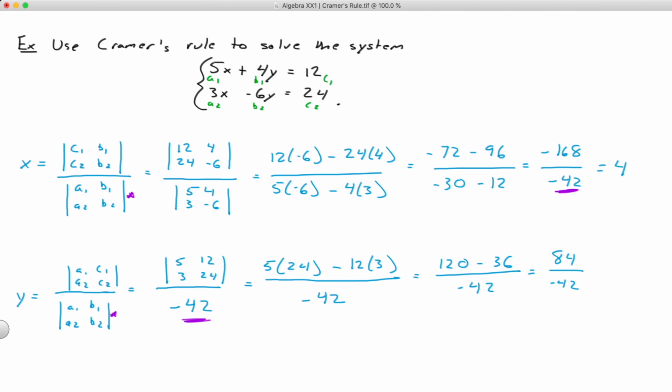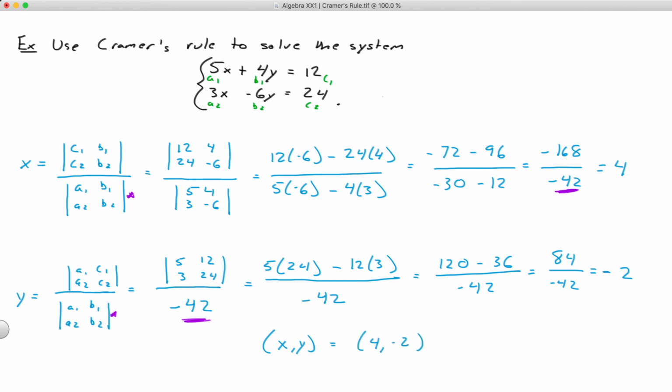And 84 over negative 42, this will be negative, but that will be 84 over 42, which is 2, so negative 2. And so this now represents our solution pair, right? It represents the XY pair that satisfies both of these two equations simultaneously, right? And that's the pair 4, negative 2.